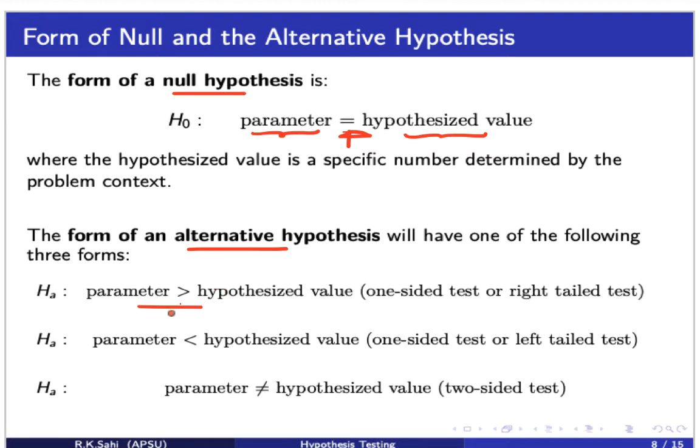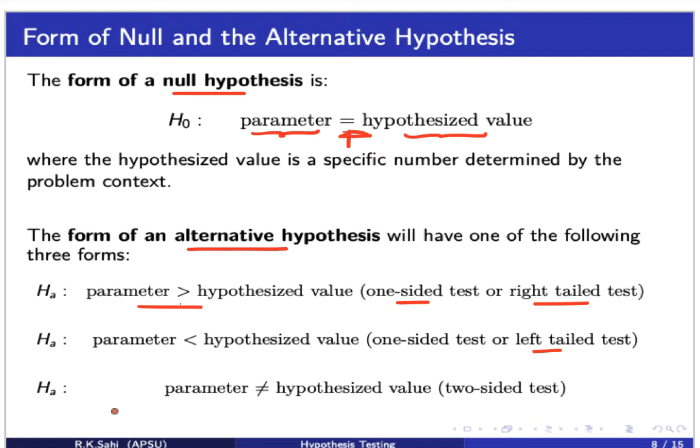Now, if you have a strictly greater than symbol, where the parameter is strictly greater than the hypothesized value, it means we are looking at a one-sided test, or a right-tailed test, or an upper test, whatever you want to call it. If my alternative hypothesis is that the parameter is strictly less than the hypothesized value, I'm having a one-sided test or a left-tailed test.